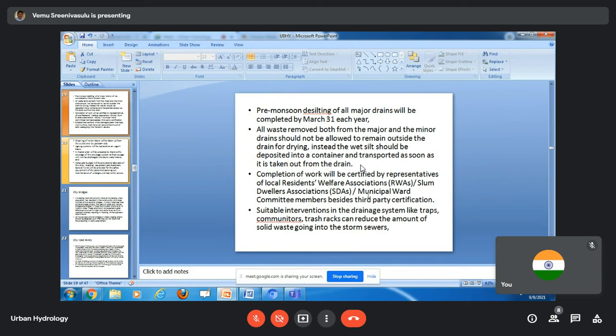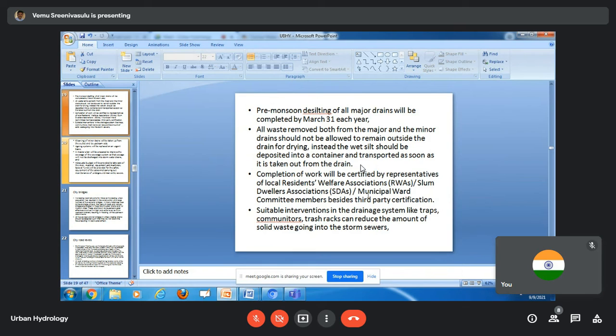Somebody should certify that yes, this drain was cleaned up. Otherwise, how will the system work without doing the operation and maintenance work? They will just pass the bill. Such things also happen in our country.